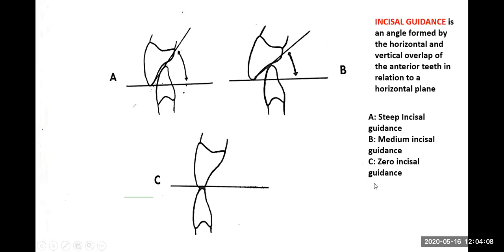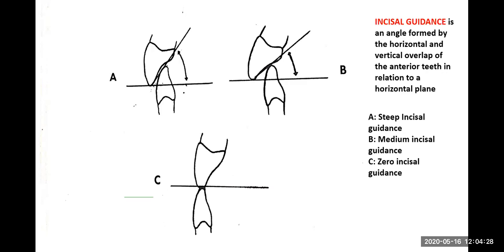Again, there's a very relevant definition here that will help you to understand occlusion. This is incisor guidance. Incisor guidance is an angle formed by the horizontal and vertical overlap of anterior teeth in relation to a horizontal plane.